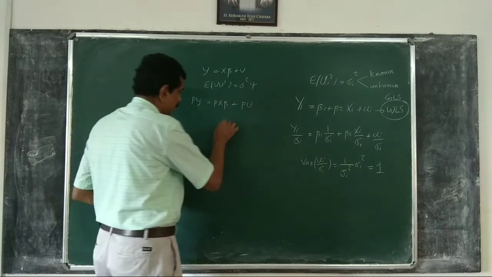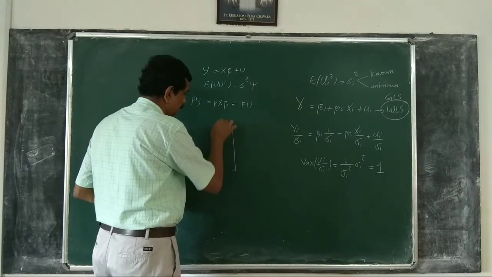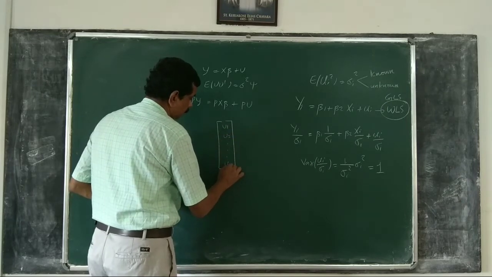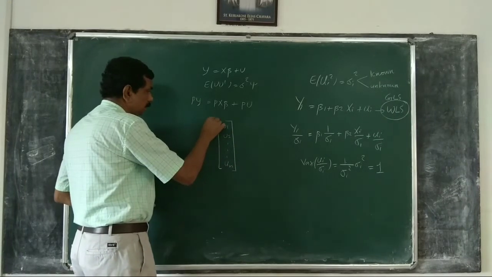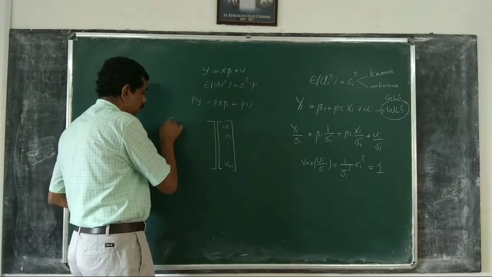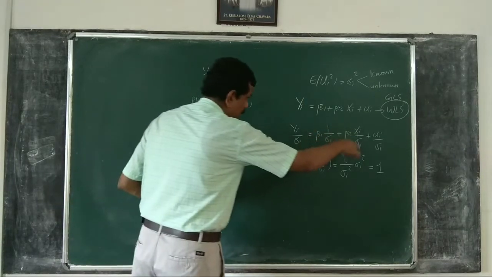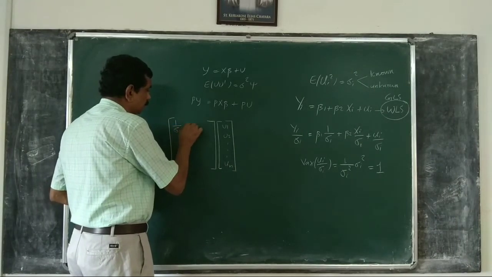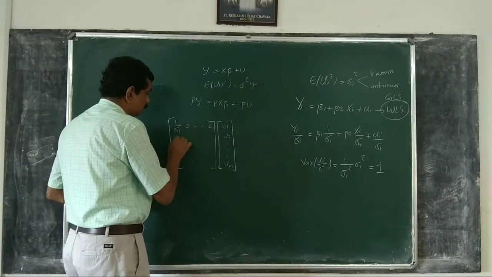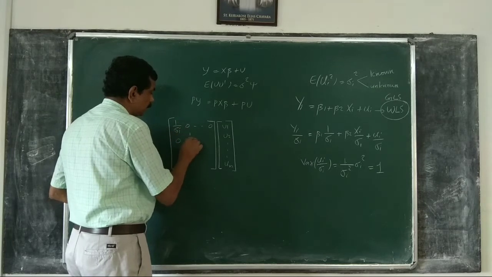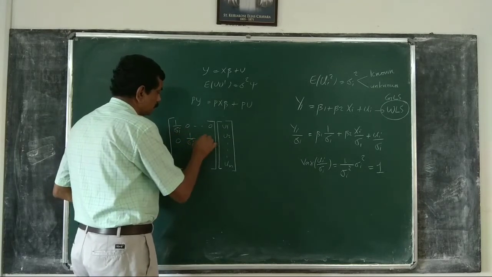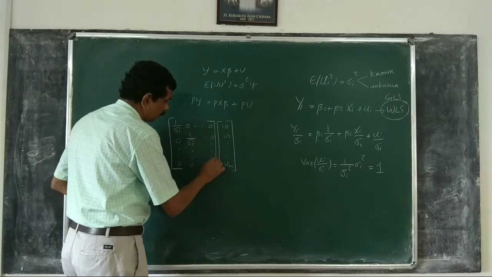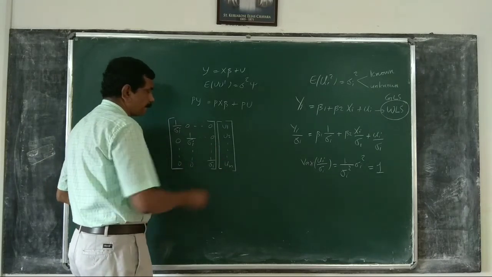U, we know, is nothing but u1, u2, etc., un. So, P into u produces what is known as ui by sigma i. Consider the matrix with 1 by sigma 1, 0, 0, then 1 by sigma 2, 0, 0, 0, then 1 by sigma n.